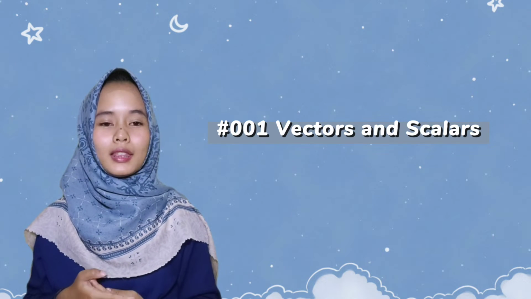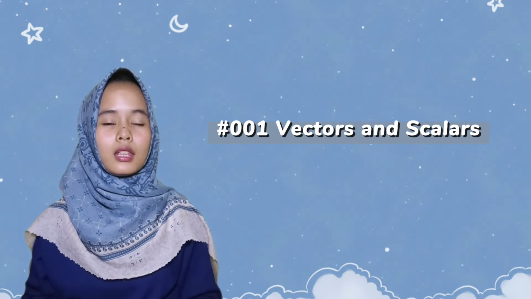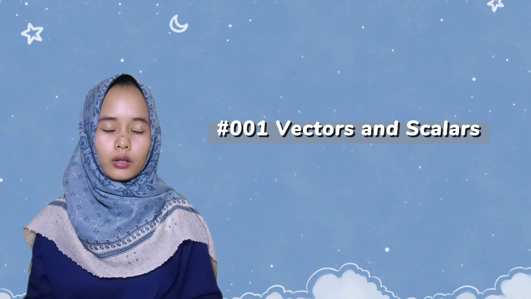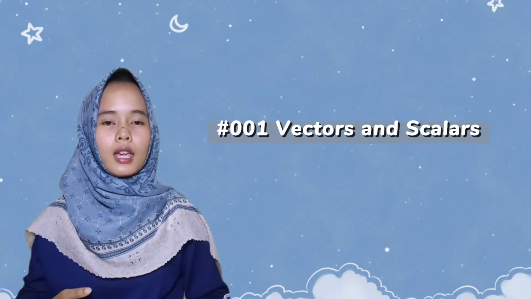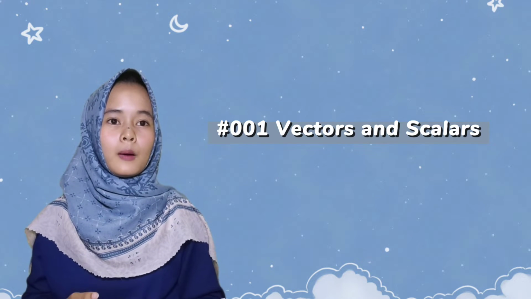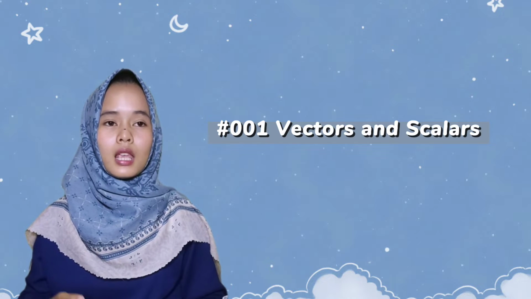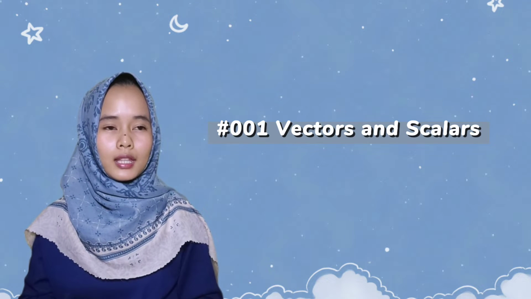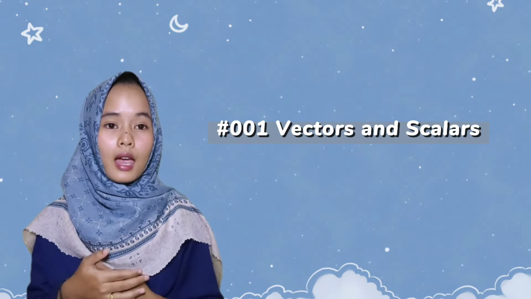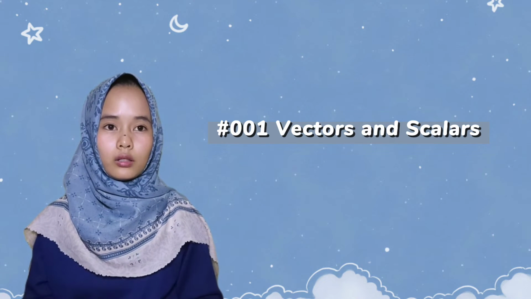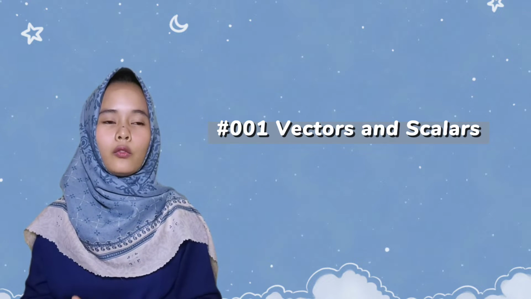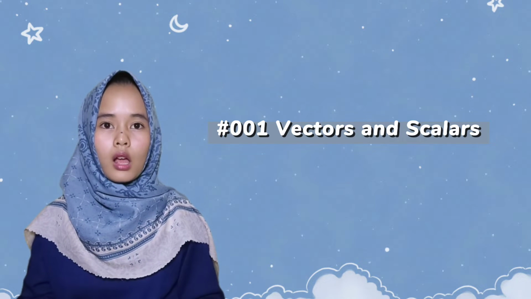A vector quantity is a quantity that has both a magnitude and a direction, and thus can be represented with a vector. Some physical quantities that are vector quantities are displacement, velocity, and acceleration. Not all physical quantities involve a direction.